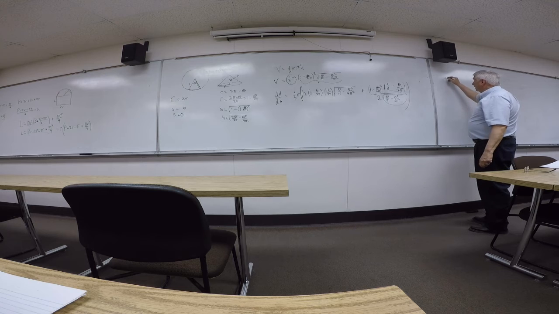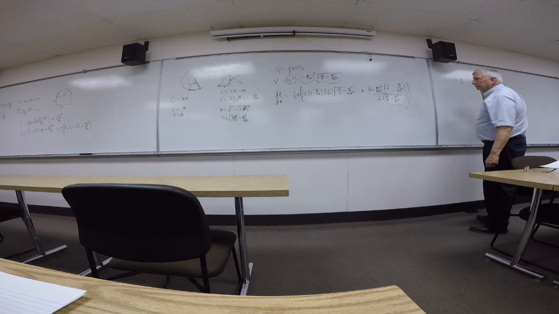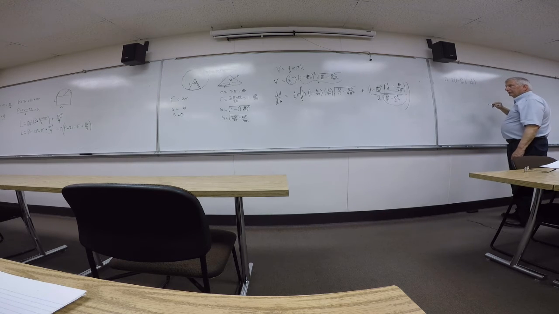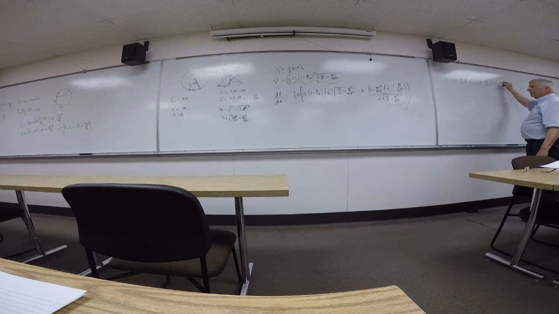So when we do all that and set it equal to 0, we have 2 times (1 minus θ over 2π), close, times minus 1 over 2π, times θ over π minus θ squared over 4π squared, plus (1 minus θ over 2π) squared over 2, times 1 over π minus θ over 2π squared.